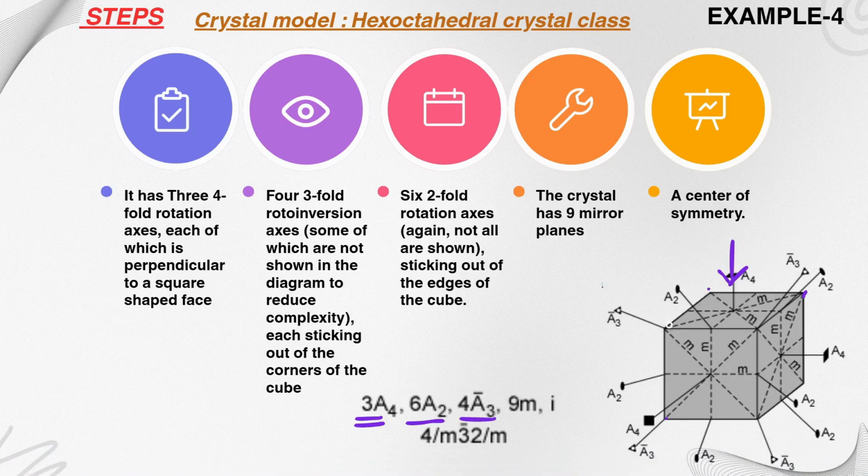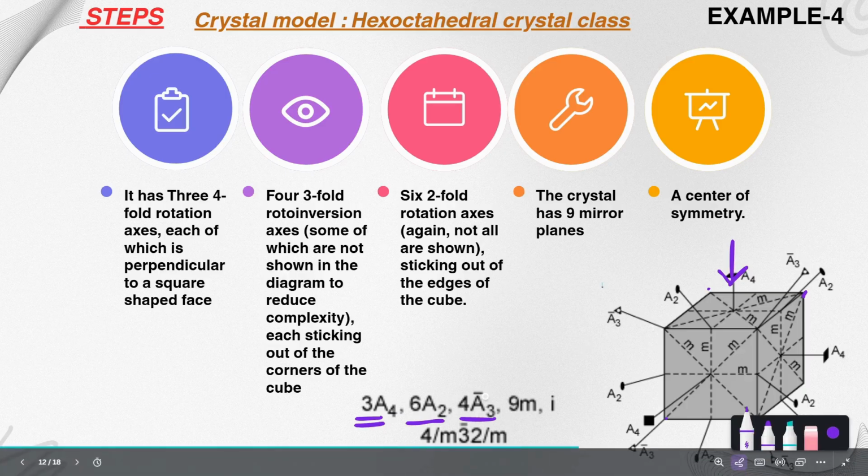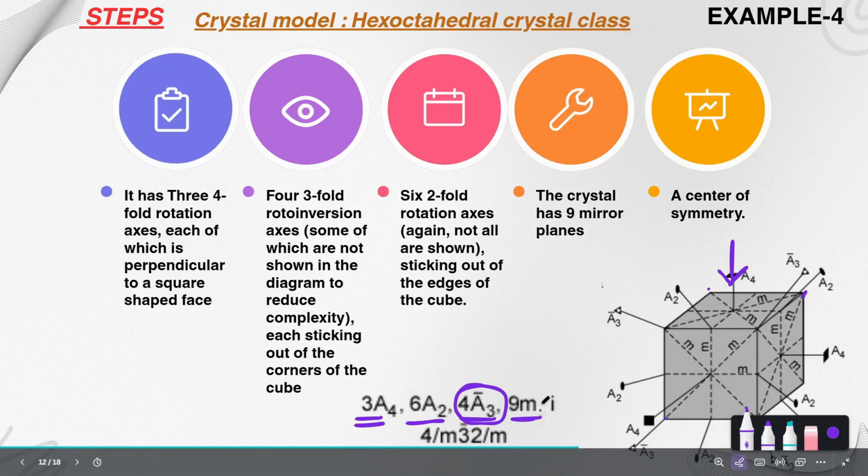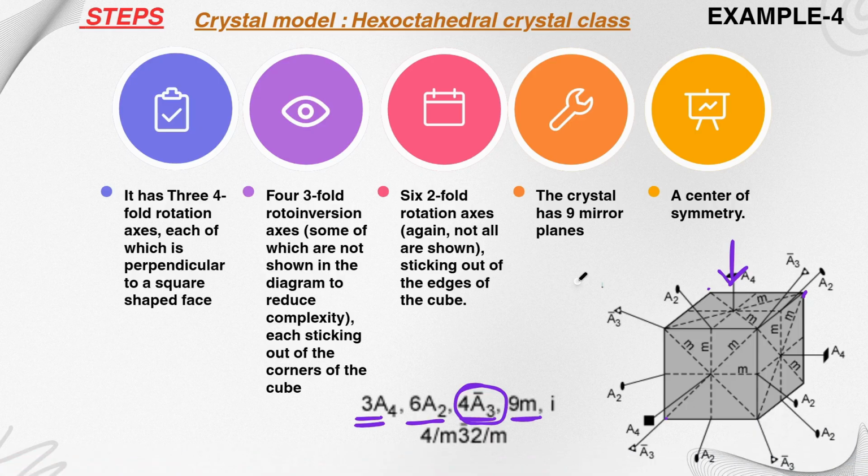So 4 such axes. We also know this is the defining symmetry for a cube. Similarly, you can see 9 mirror planes are present, which are 3 principal and 6 diagonal, and a center of symmetry is there.